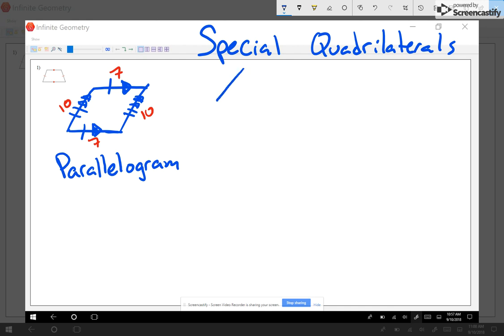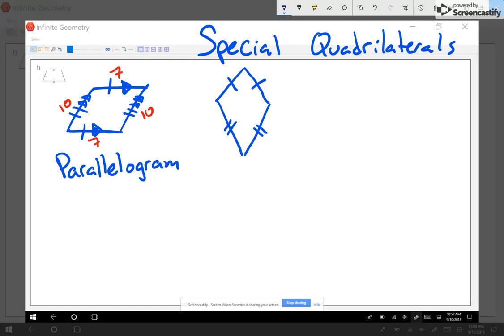Now another one that we have, this one you guys might be familiar with. The top two sides are going to be congruent, not parallel, because they intersect. They're just congruent. The top two are congruent. The bottom two are congruent to each other. Once again, not all four. Only the top two are equal, the bottom two are equal.